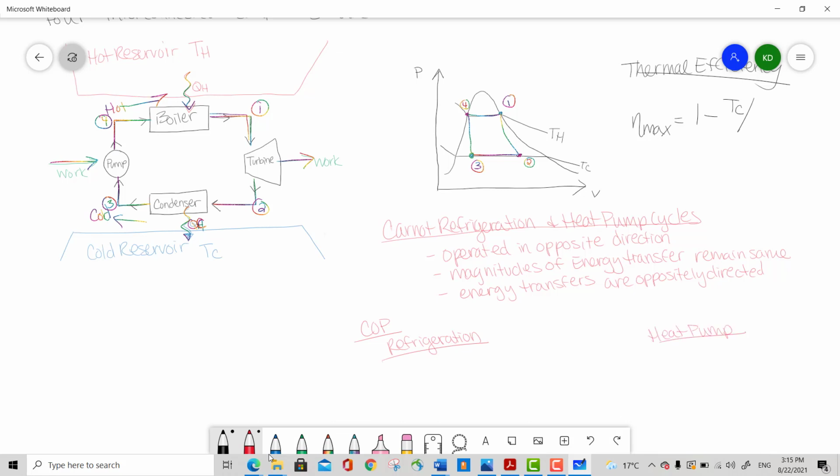We looked at these earlier, and I'm just going to write them down here since we're discussing them again. And then we have the max here. It's TH over TH minus TC.